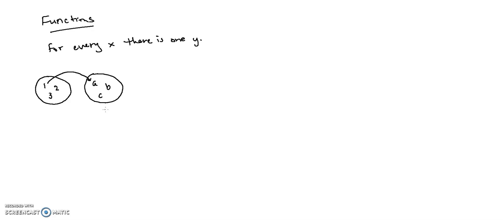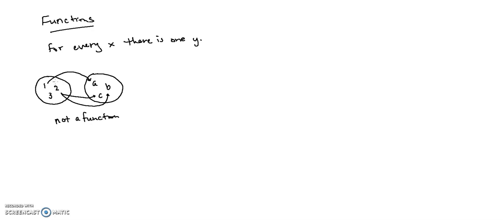Everybody says the answer is A, and we're all happy. Okay, I might say, what's the answer to number 2? Half the class says C, and the other half says B, and we're not happy, right? Either it's a bad question or it's poorly worded or whatever, but we've got 2 answers to one question. That means half of you are going to get it wrong and you're going to be mad at me. This is not a function.